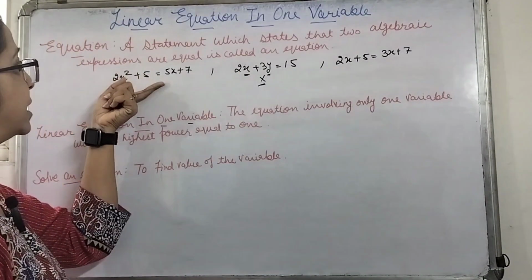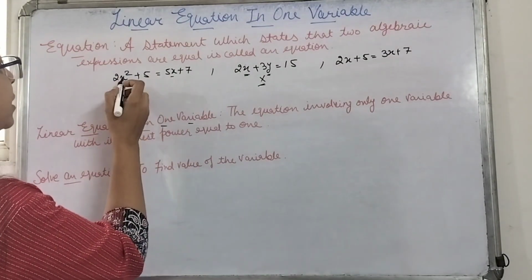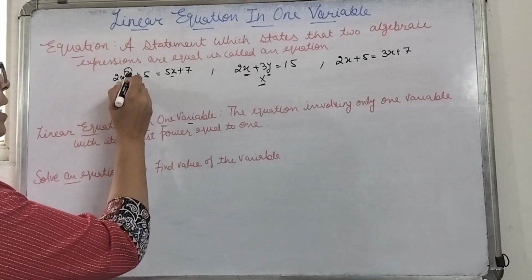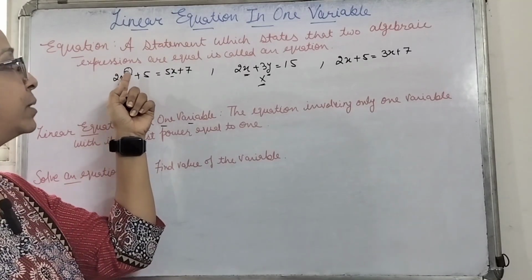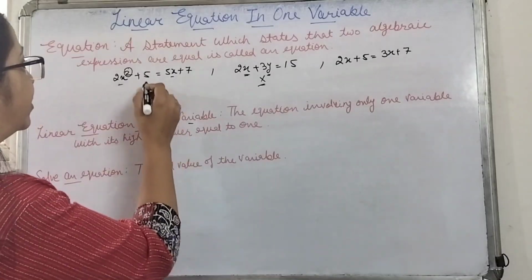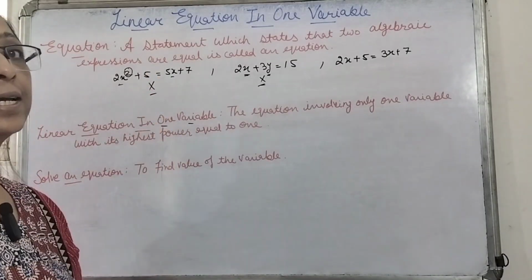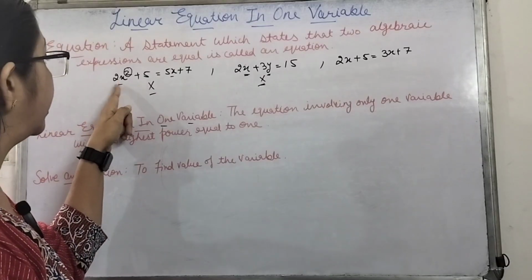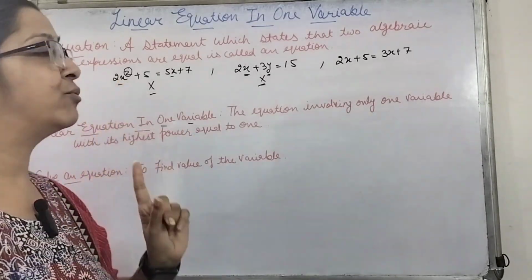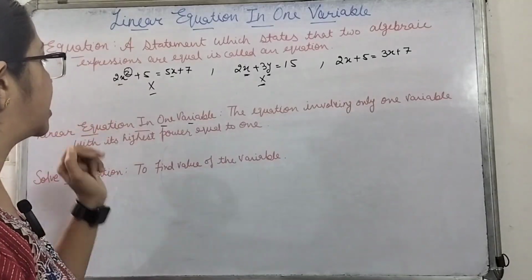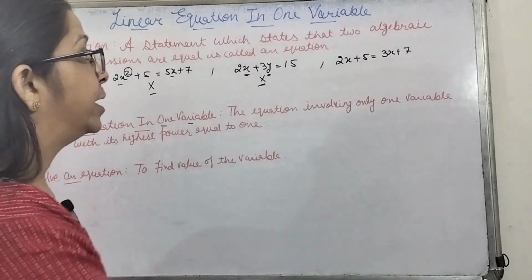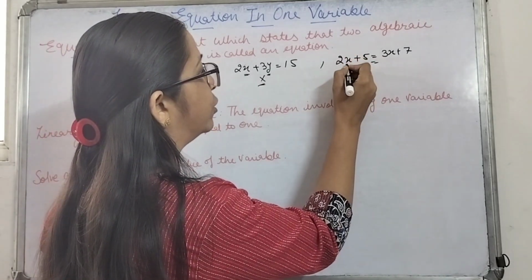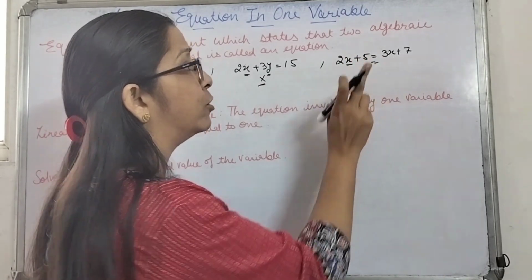Similarly, if we see this example, in this example the power of the variable is 2. We can see that it is x square, that means the power of the variable is 2 over here. That's the reason we will say that it is not an example of a linear equation, because the equations which have the highest power of the variable as 1 only are known as linear equations. If we take this example, in this example the variable has power 1 only.